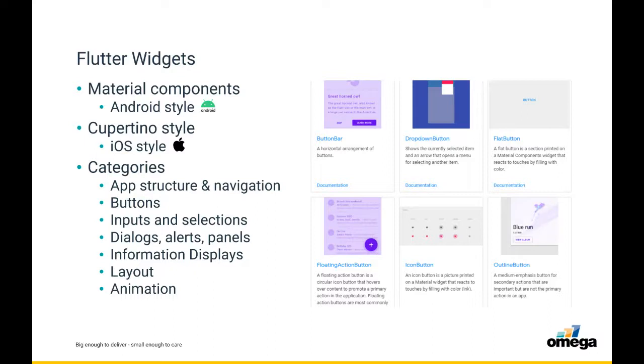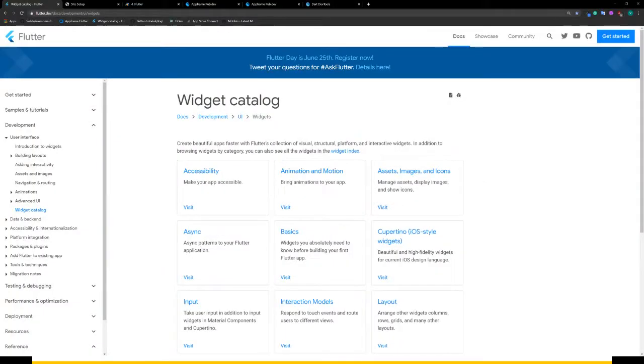It as well has Cupertino-styled widgets, which is Apple's design guidelines, and it also offers just regular widgets for your, let's say, a text field, an input, and so on. So dialogues, animation widgets, just to give a quick sneak peek.